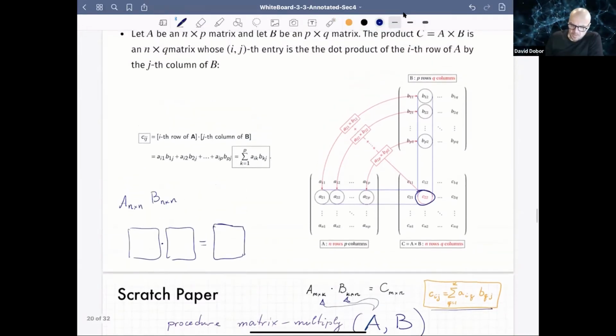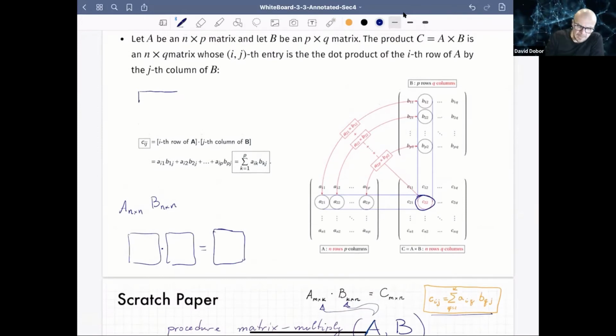In the example when we had a laid down matrix multiplied by a standing up matrix, what was the shape of this matrix? It's a 2 by 20 million multiplied by a 20 million by 2 matrix. Let's say 2 by 20 multiplied by 20 by 2.